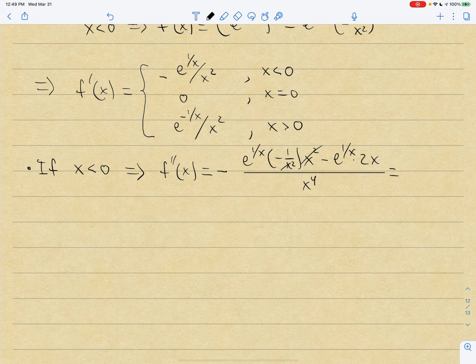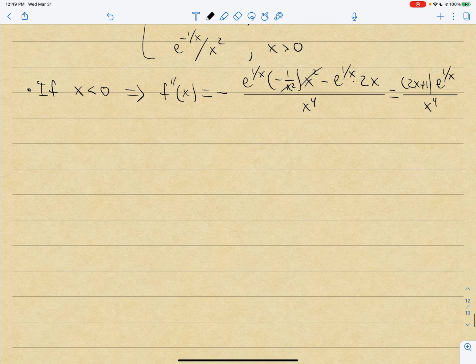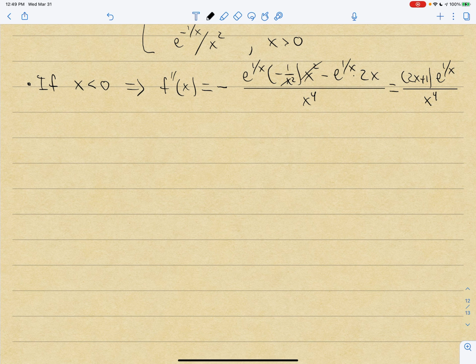And so if I do all of this, I'm going to end up with 2x plus 1 times e to the 1 over x, divided by x to the fourth. So if x is negative, I can compute the second derivative. If x is positive, I can do the same thing.